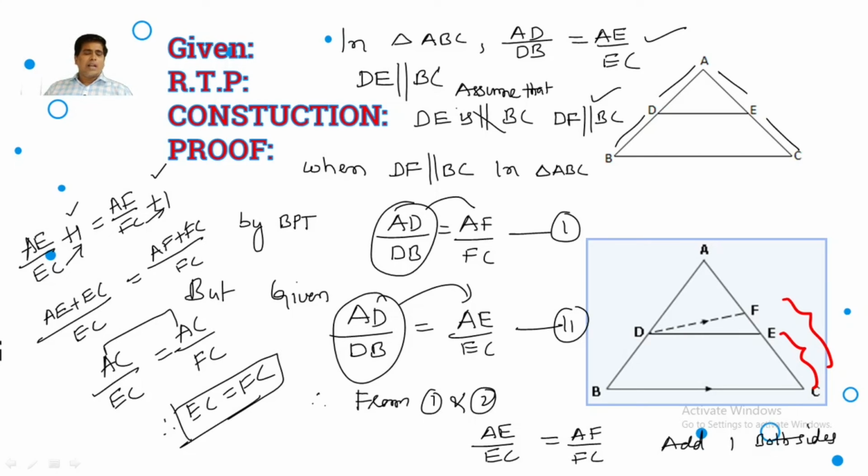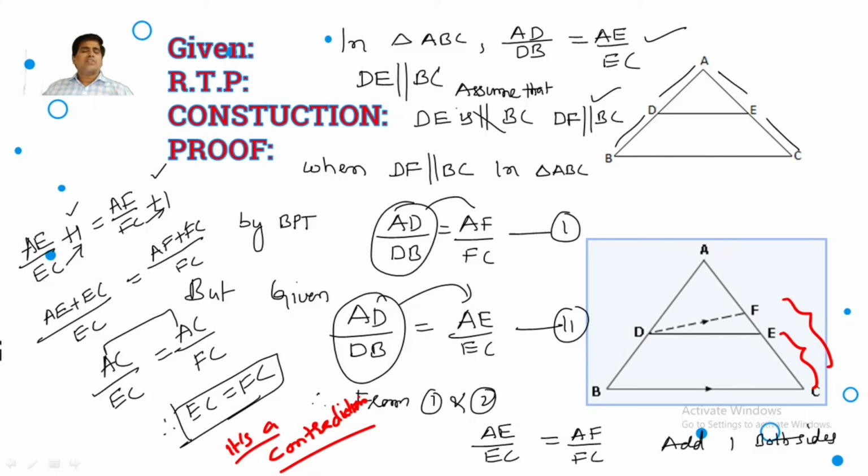So this is not at all possible. It's a contradiction. EC is very small in size and FC is big in size. So how can these two line segments be equal? Clearly it is a contradiction.